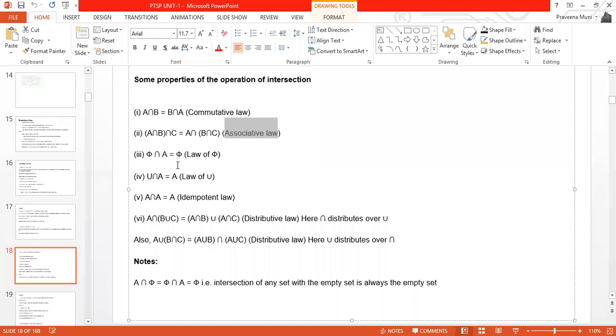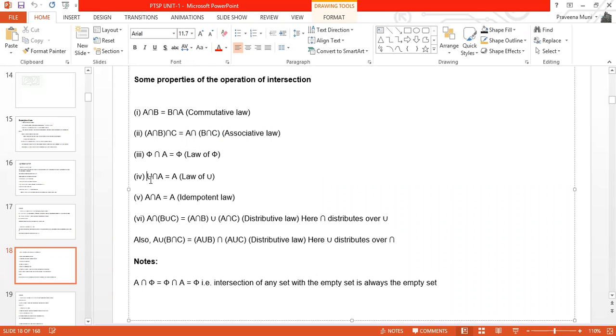And null set intersection A will be equal to the null set, because the null set does not contain any elements, whereas A will have some elements. Since there are no common elements, it will be equal to the null set only.